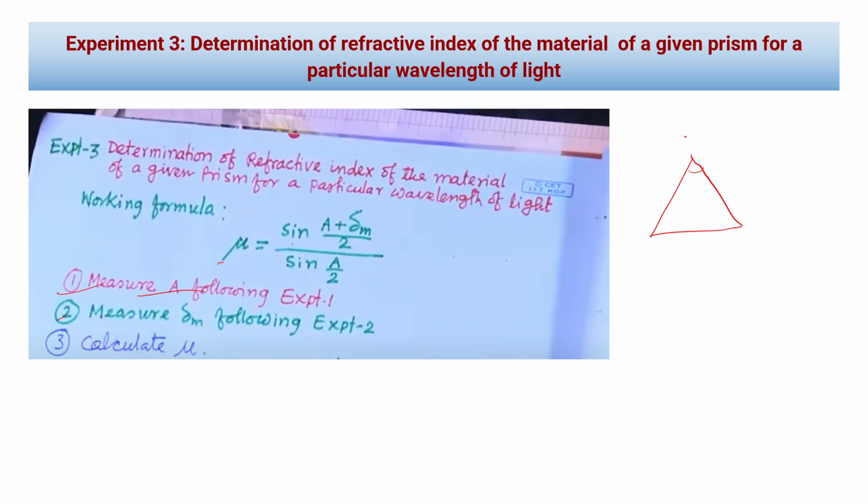Then from experiment 2 we know how to find the angle of minimum deviation. After finding these two things, we just use the formula that we derived last week, and using this formula we can find the refractive index for that particular source of light. So this is pretty straightforward.